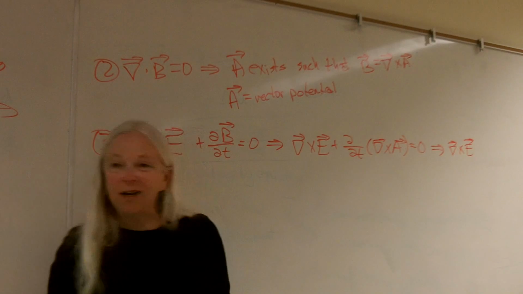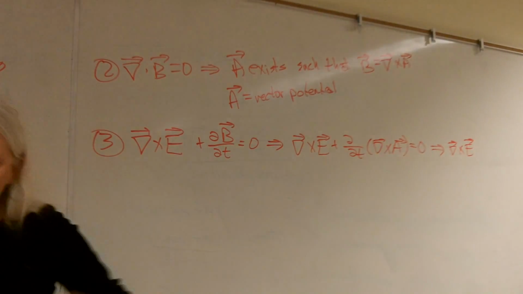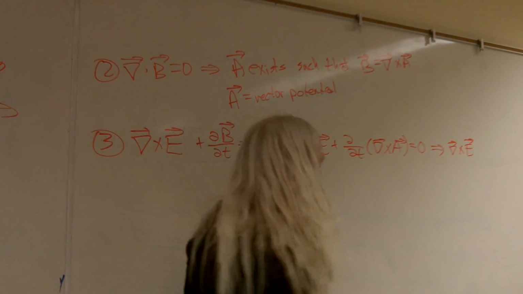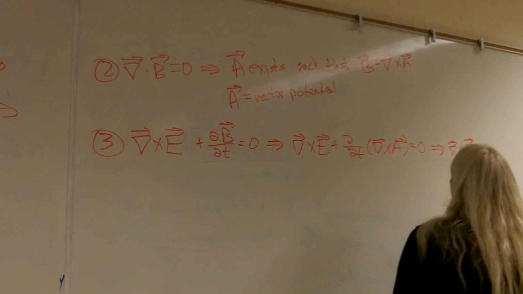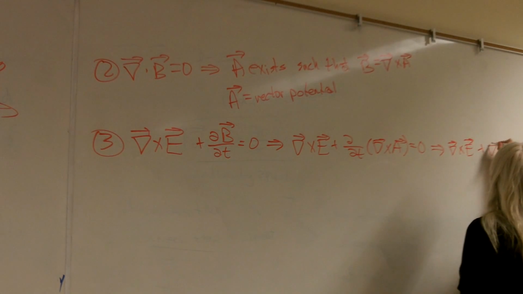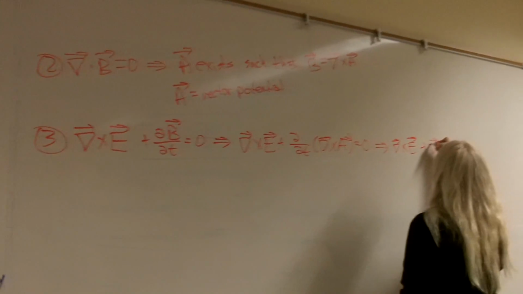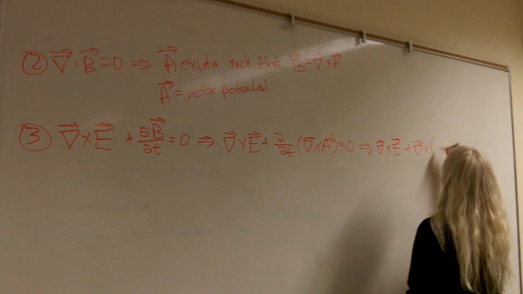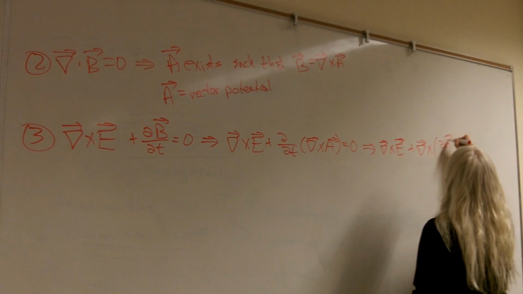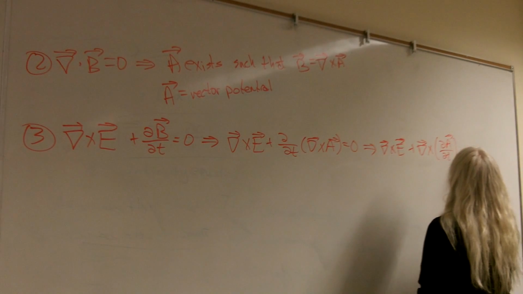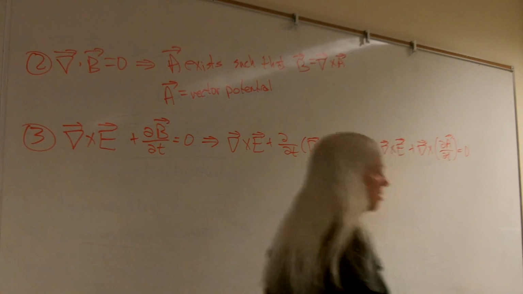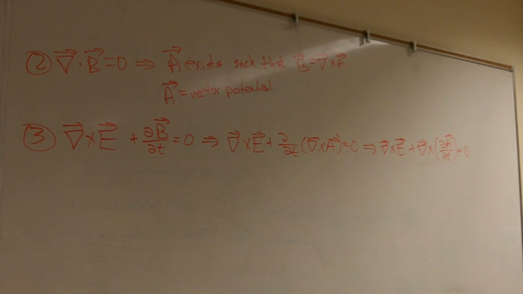We can do those in any order, so I can change the order of those derivatives. In other words, I can bring the curl out in front and the time derivative inside. So I can write that term as the curl of dA/dt.